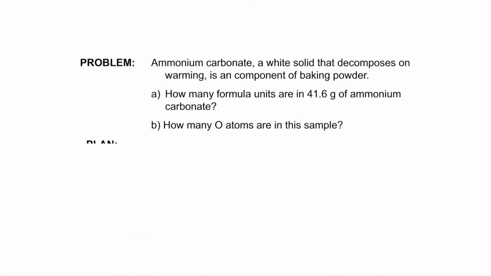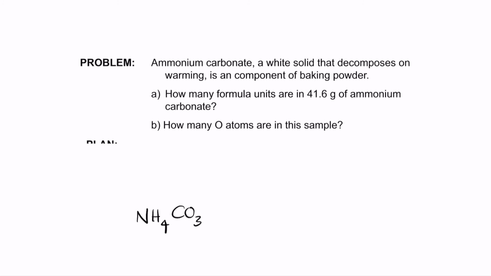So now, solve this problem, and they are also asking you how many oxygen atoms are there here. So this brings up the question, what is ammonium carbonate? If you remember the name, carbonate is CO3 and ammonium is NH4. Alright.